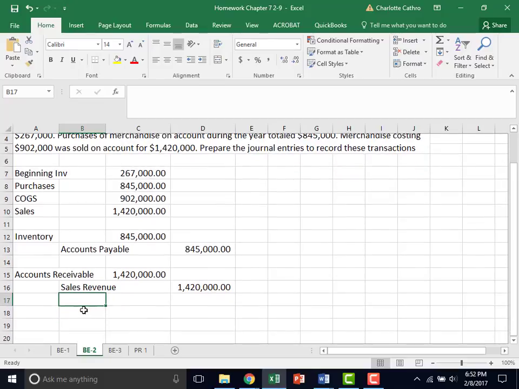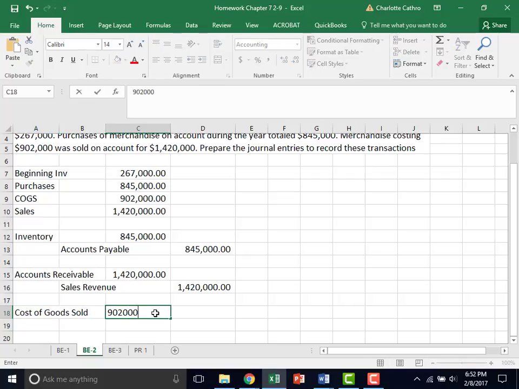We record those sales. We also have to adjust the cost of goods sold for those sales. So we record cost of goods sold. That is at cost, 902,000. And we decrease our inventory. Again, we are perpetually changing our inventory based on our purchases and sales.